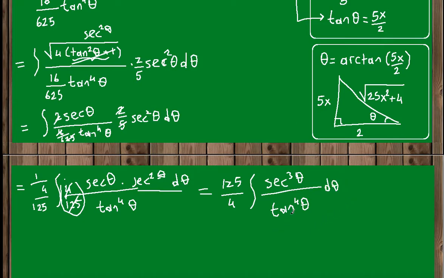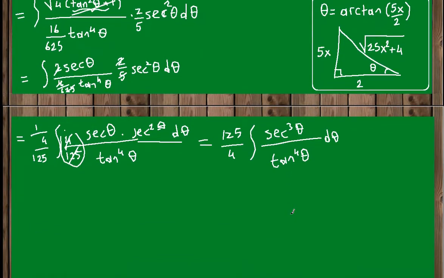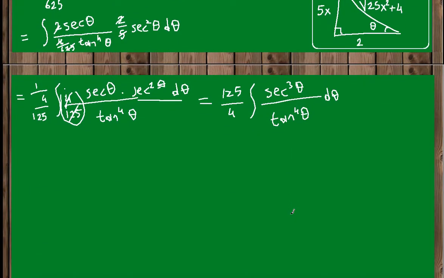Now we're going to write secant and tangent in terms of sine and cosine. So 125 over 4 is in front. Secant is 1 over cosine, so 1 over cosine cube of theta. And tangent is sine over cosine. Sine 4th theta over cosine 4th of theta.